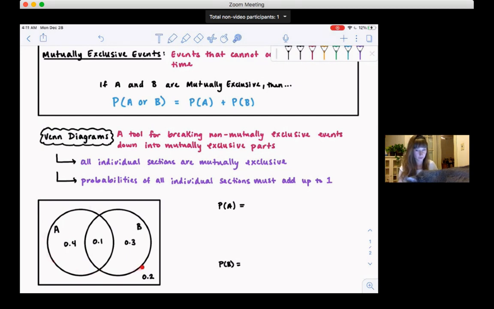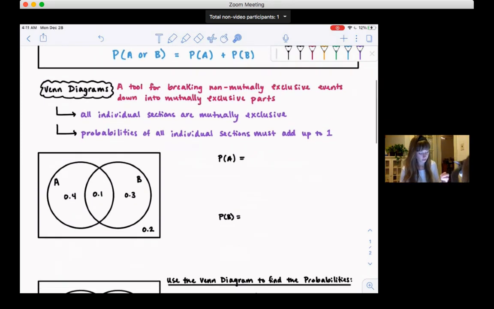So here's a Venn diagram. Each of these sections is mutually exclusive, so to find combinations of their probabilities, we can just add their probabilities together. And since these need to exhaust all the possibilities, when you add up all the probabilities, you should get 1, or 100%.